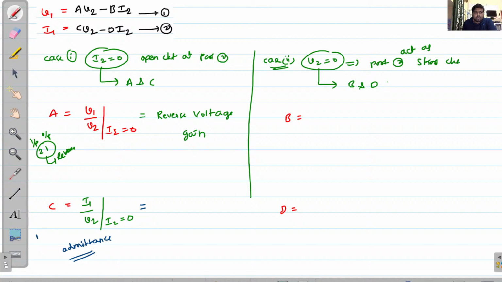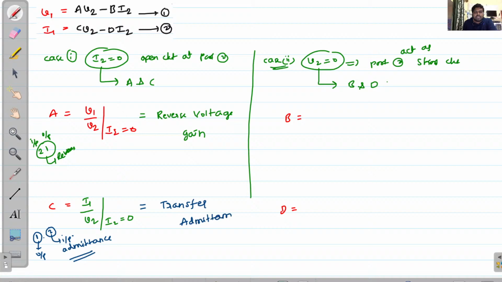This is output, and second port is considered as input. Always we are transferring from input port to output port, so that's why we call it transfer admittance.